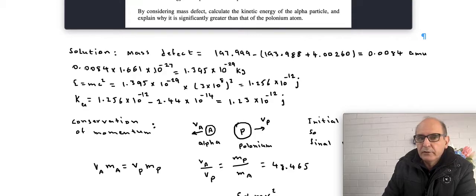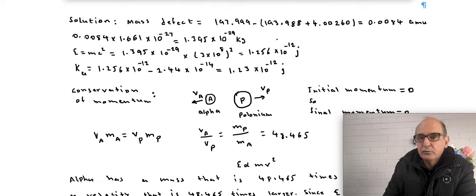We change it by multiplying by the conversion factor from atomic mass units to kilograms, which gives us that much mass in kilograms. Then using E equals mc squared, we multiply by c, the velocity of light, which is 3 times 10 to the 8, squared, and we get 1.256 times 10 to the minus 12 joules. That is the total energy produced due to mass defect.